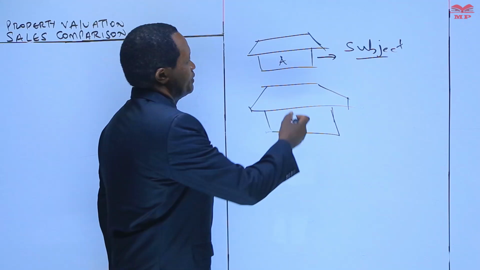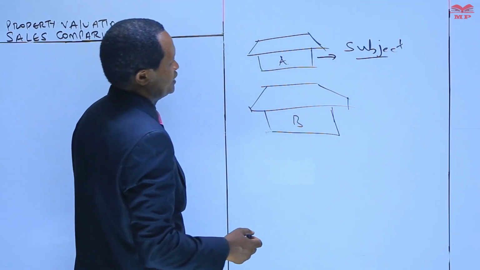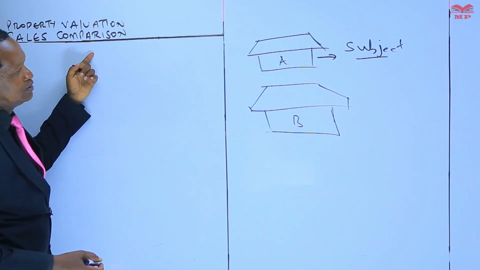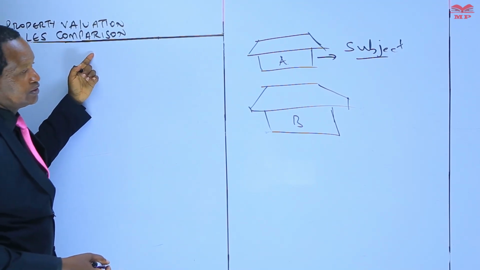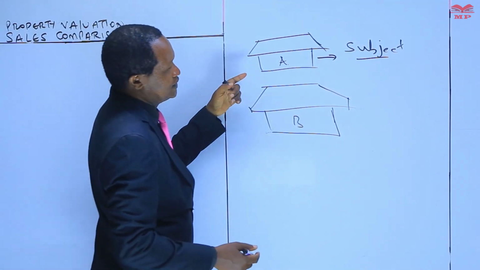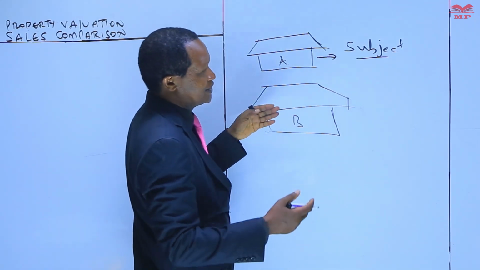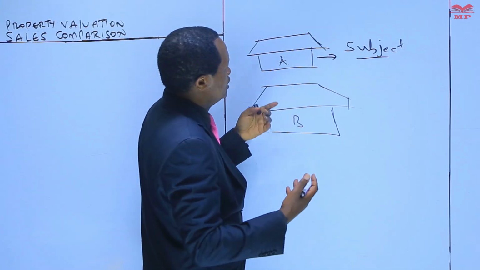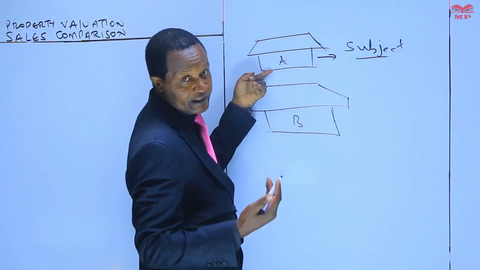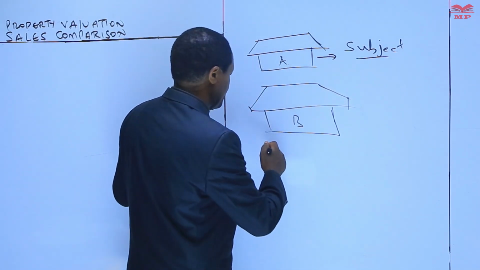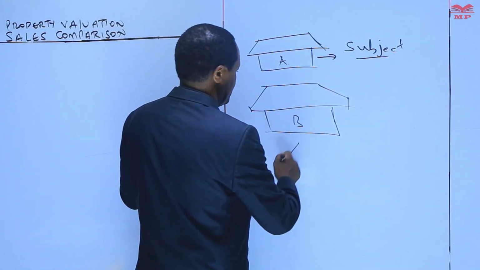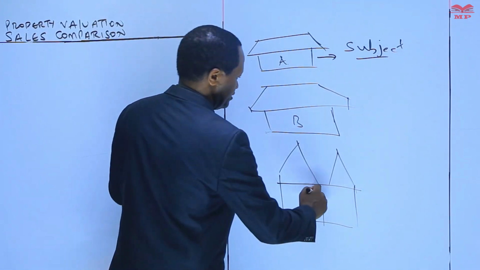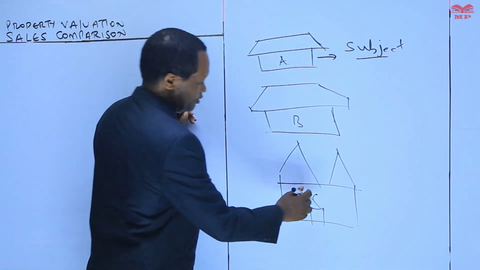So if property A is to be valued, and this approach is to be used, then similar properties in the same area will be used to value property A. So you may have even property C here.